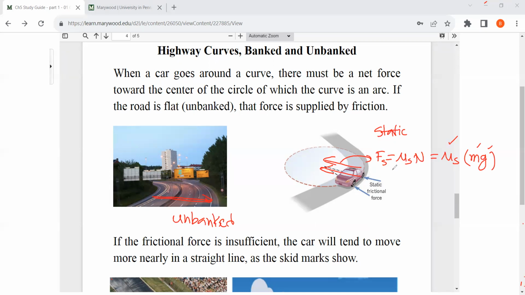And then you see that this is related to this equation, right? And this equation is basically m v squared over r. The left hand side, f r, is basically the static friction.